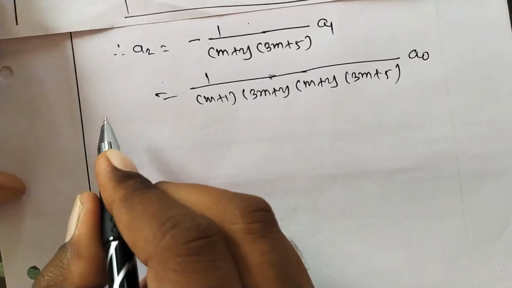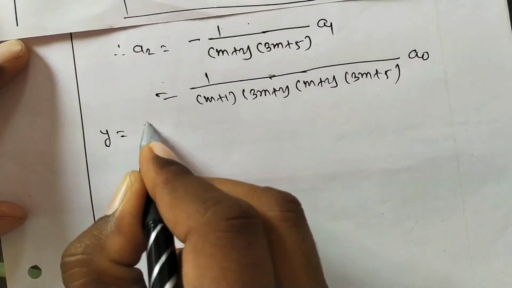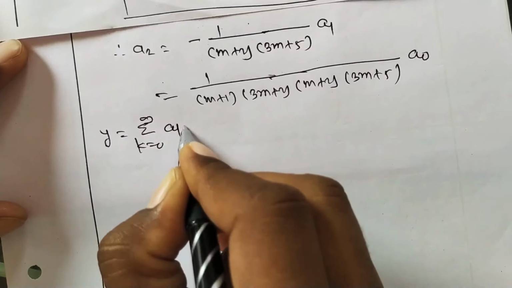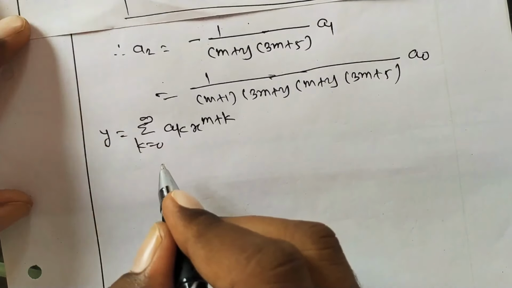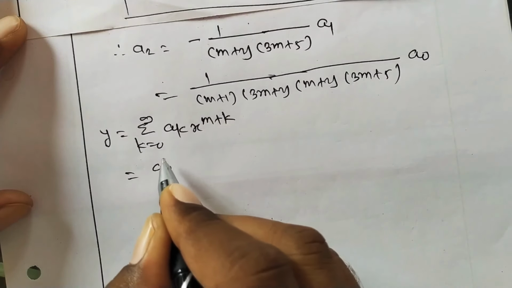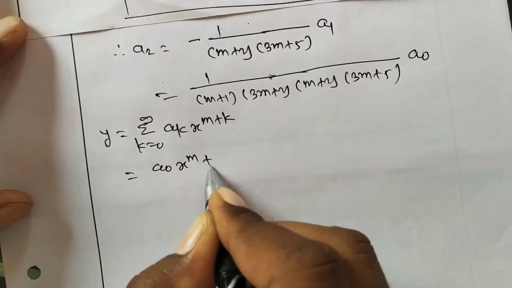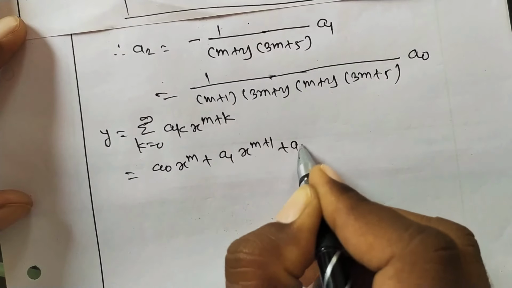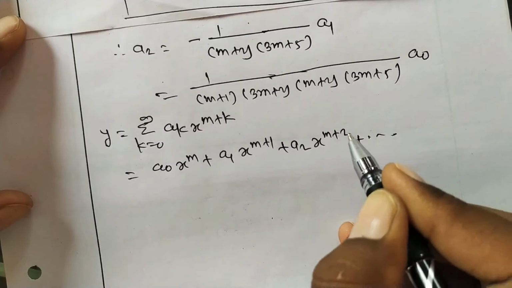Now what is the solution of the given differential equation? The solution we assumed is y equal to the summation, k varying from 0 to infinity, of ak into x raised to m plus k. Now this is equal to, expanding for k equal to 0, a0 x raised to m plus a1 x raised to m plus 1 plus a2 x raised to m plus 2, plus so on.